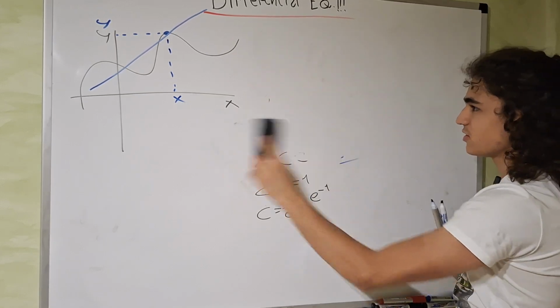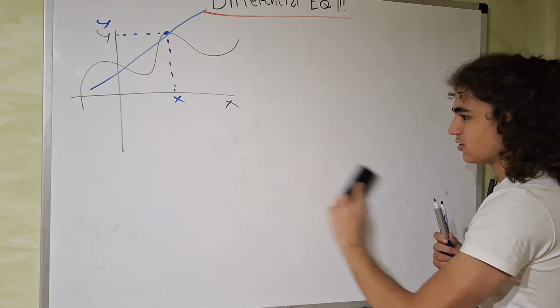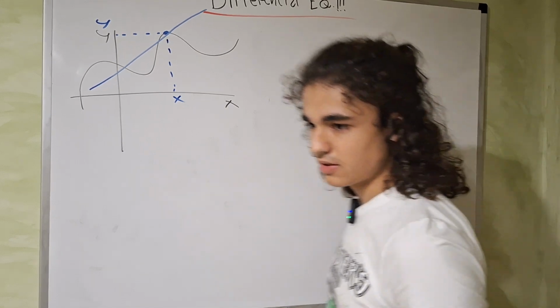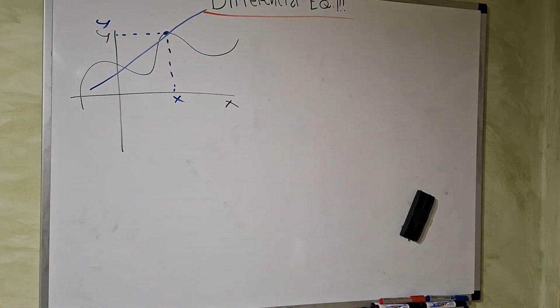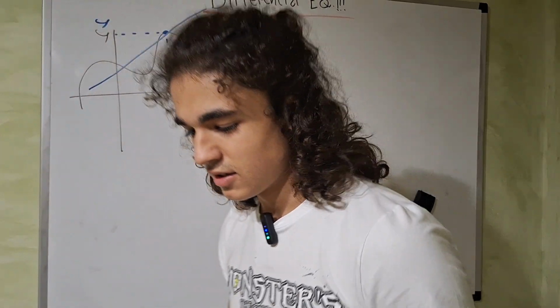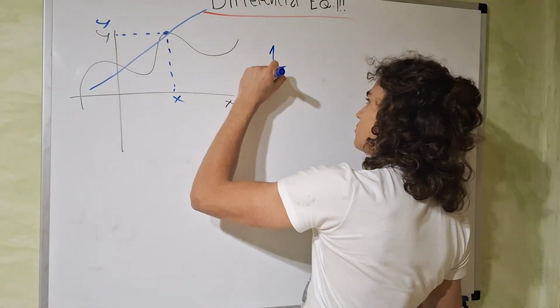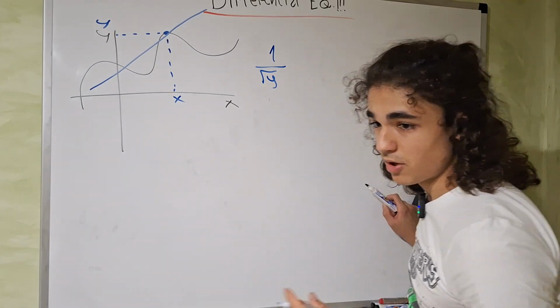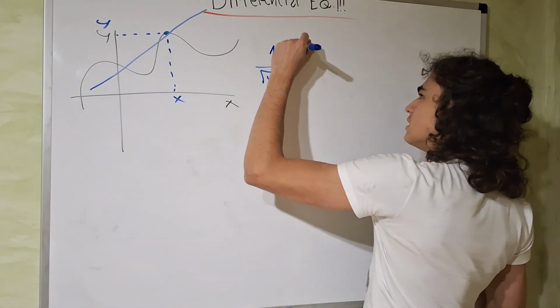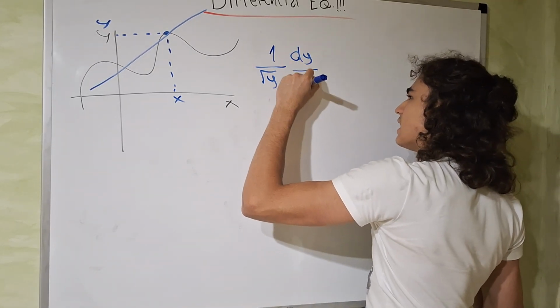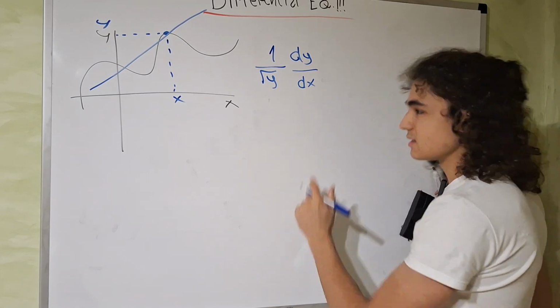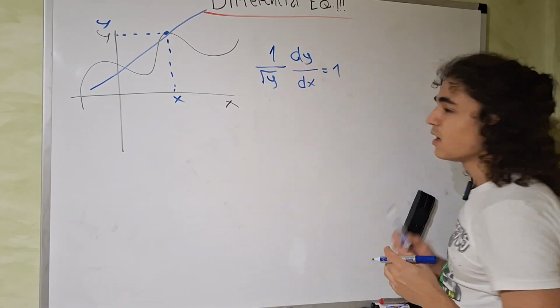So just give me a couple of seconds to look at the example because I wrote it here. The example is, we have this differential equation, 1 over the square root of y, where y is the function, dy by dx, and this equals 1.